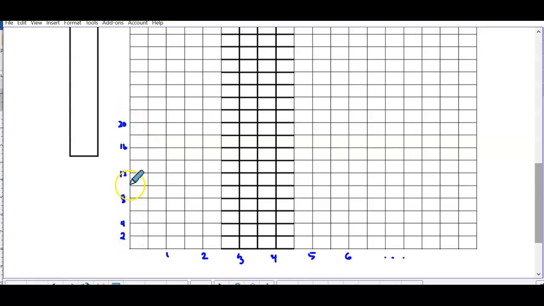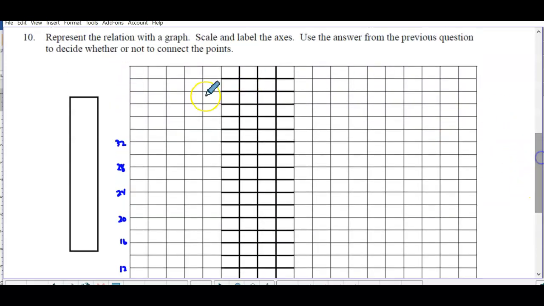So 2, 4, 6, 8, 10, 12, 14, 16, 18, 20, 22, 24, 26, 28, 30, 32, 34, 36. I'm going to stop there because I know it's the last one for our table of values. This, for me, is a little bit hard to write on the side. This is the sum of consecutive odd numbers.